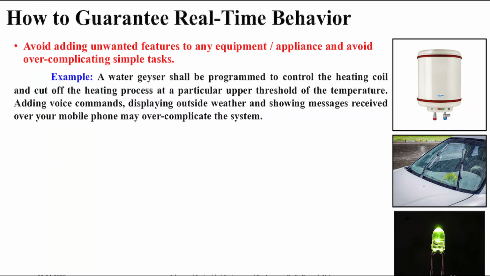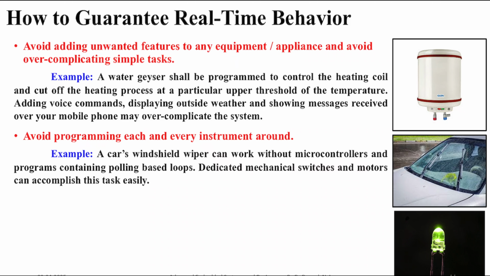Such functionalities can be added to a water geyser, but the question is, do we have to add them, or do we have to overcomplicate or overkill the appliances that we are using in our day-to-day life? So we shall avoid unwanted features in any equipment.